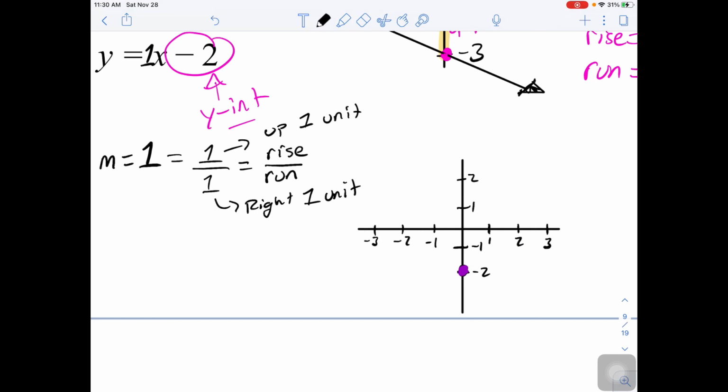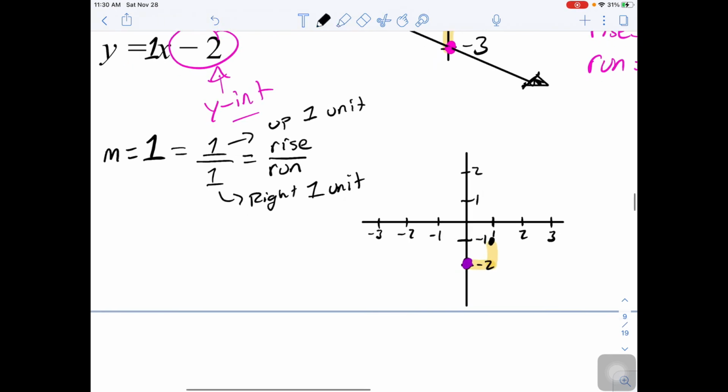So from here, every time I go to the right 1, I go up 1. So there's our new point. And then I go right 1, up 1. There's our x-intercept, right 1, up 1.